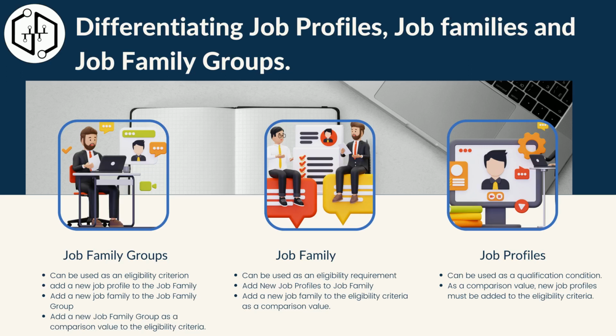Job family can be used as an eligibility requirement. Add new job profiles to job family. Add a new job family to the eligibility criteria as a comparison value. Job profiles can be used as a qualification condition. As a comparison value, new job profiles must be added to the eligibility criteria.